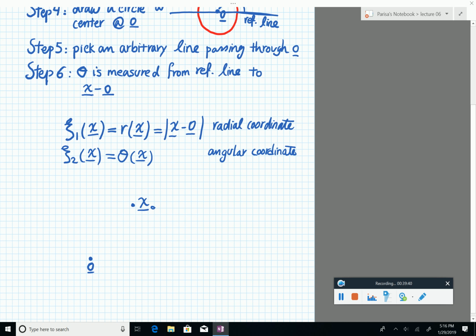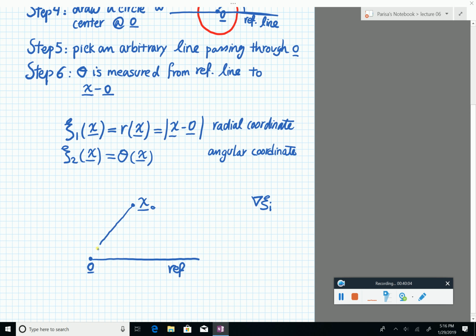Okay, so here is our reference line. I want to find out a little bit about these gradients of the coordinates in this coordinate system.